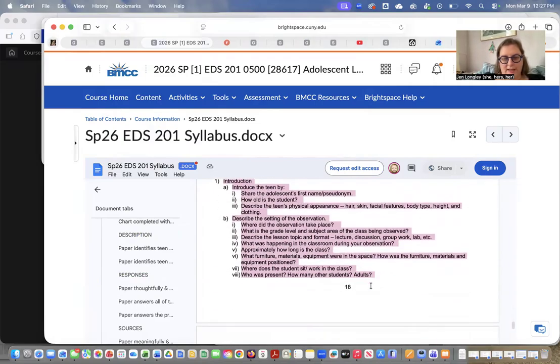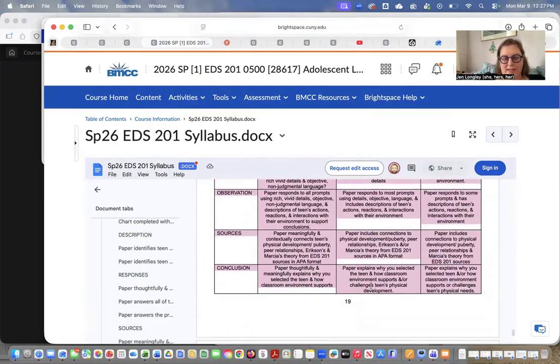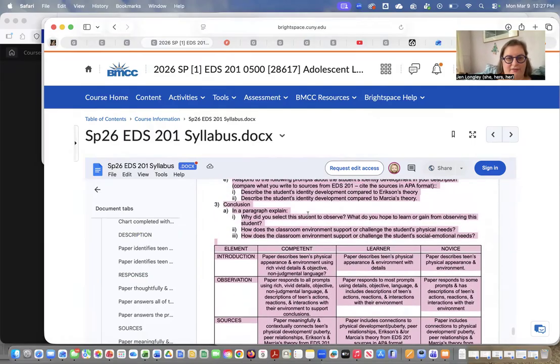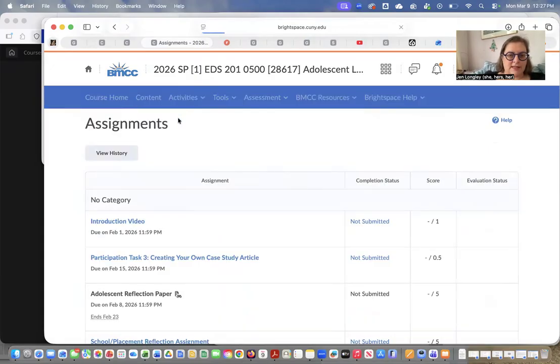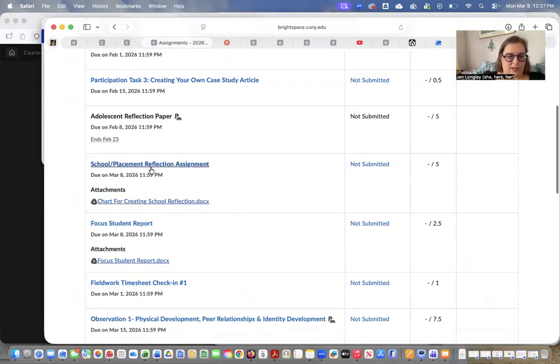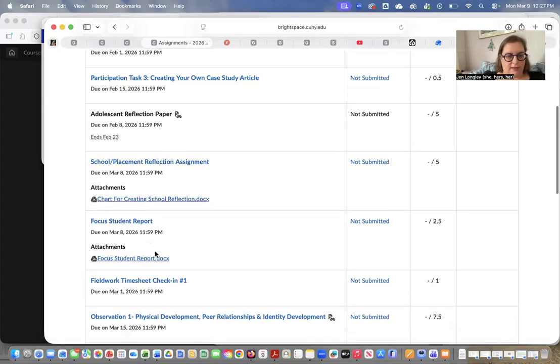I just highlighted and copied, and you'll see there's the same information. So now I'm going to go back to the assignment, and we're just going to go through what this is.